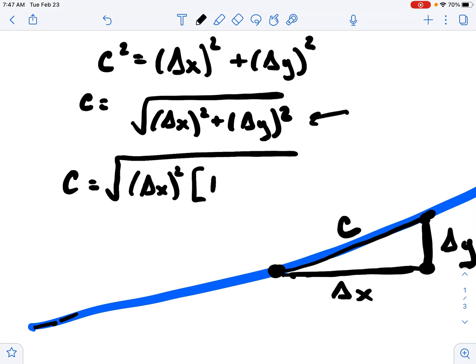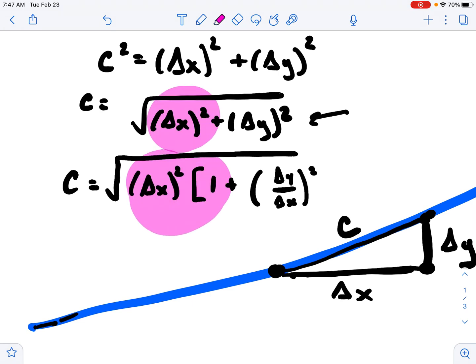I need a 1 plus (delta y over delta x) squared. If I distribute to the 1, that gives me delta x squared. If I distribute to the next term, the delta x squareds cancel, leaving me with the delta y squared that's in the numerator. And I'll just close that up there.